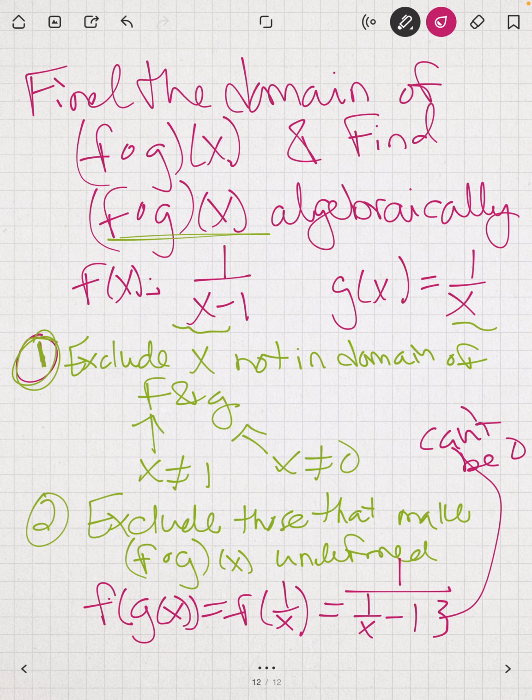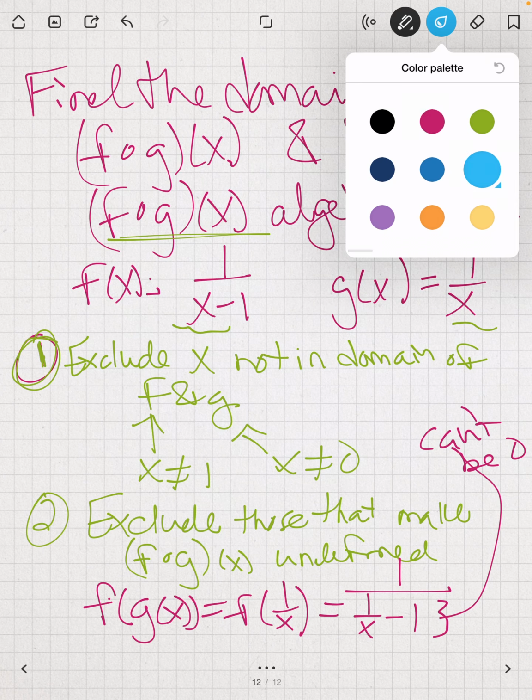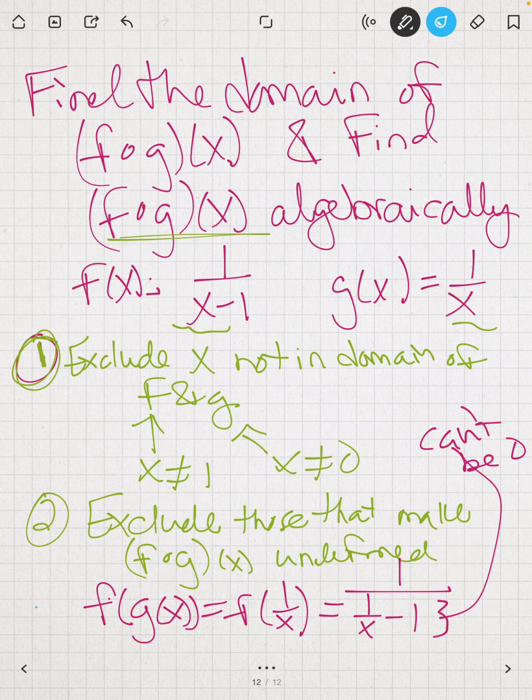So what x value would make that denominator undefined? Well, it would be whenever 1 over x minus 1 equals 0. Add that 1 over, that's 1 over x equals 1, or x equals 1.